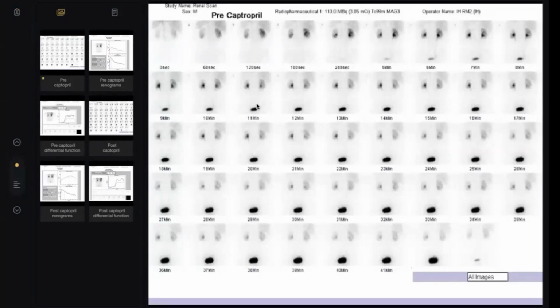The study MAG3 done by technetium 99m. Renal scan or bone scan? Renogram, renal scan. So renal MAG3 nuclear study. No problem, my colleague.